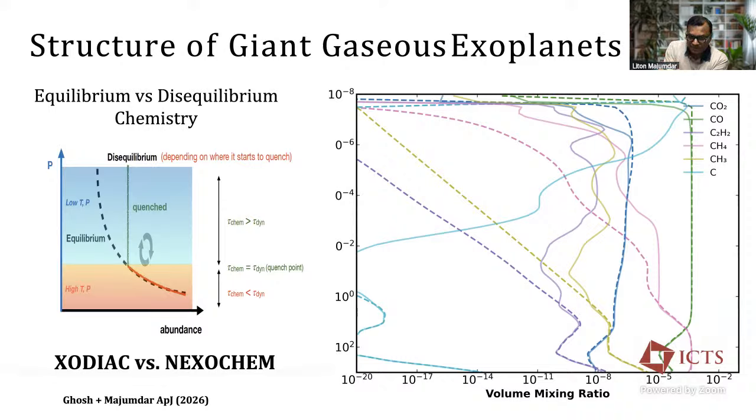So that's why it is fundamental to have a clear understanding, for the same planetary atmosphere, of how equilibrium chemistry plays a role, and when and under what conditions your planetary atmospheres go away from equilibrium to disequilibrium, so that we know which layer of the atmosphere we are probing and what physical and chemical processes we are constraining.